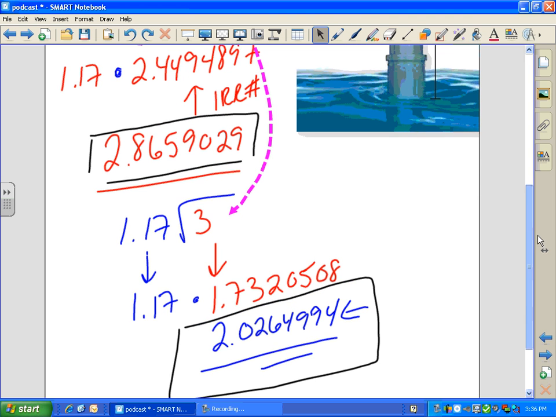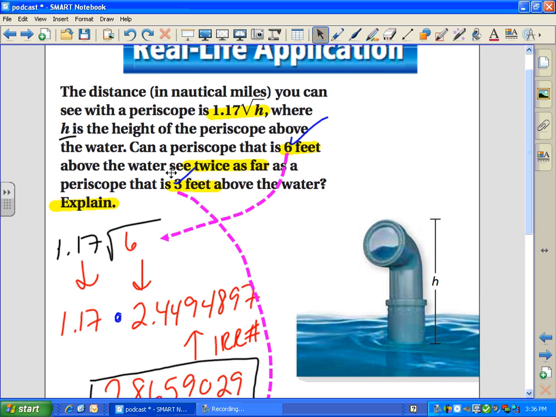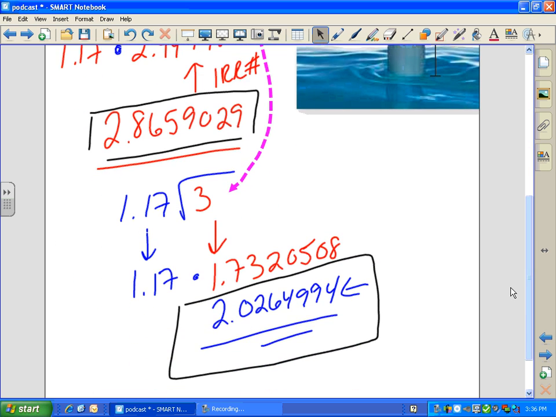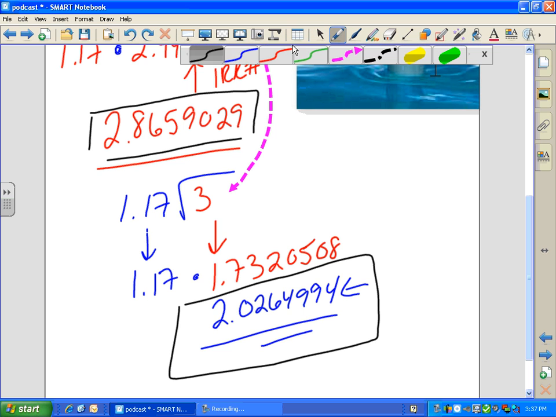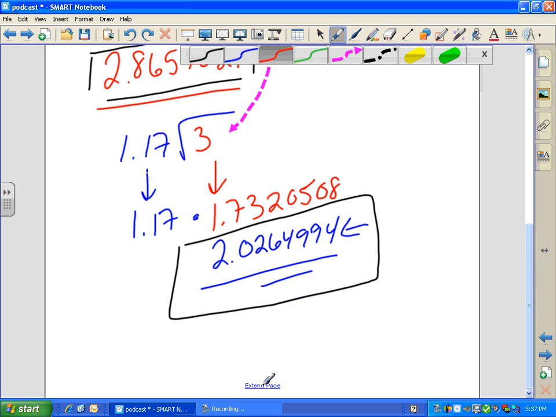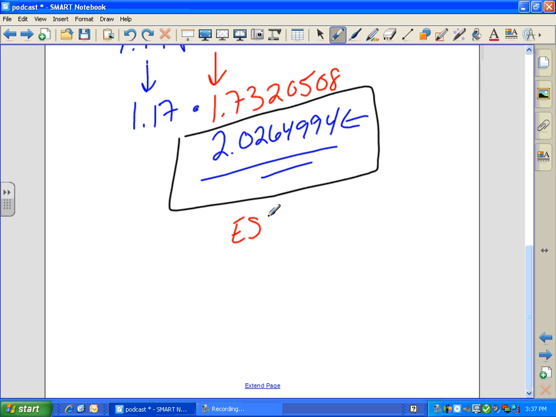All right, so here's my two answers. Can a periscope that is 6 feet above the water see twice as far? Well, the question is whether 2.02 is twice as far. So I'm going to estimate this number, round it to 2.03. I want to know if it's twice as far.